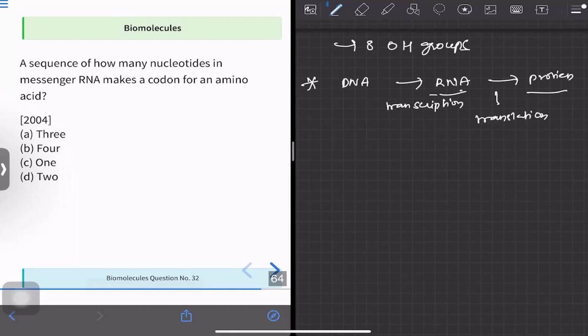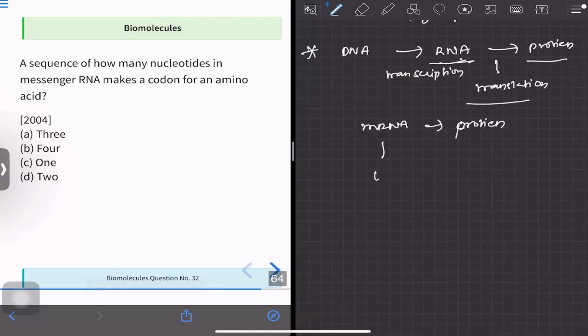See, this is the process where messenger RNA is converted to protein. Messenger RNA is read by tRNA, which helps in the synthesis of protein.